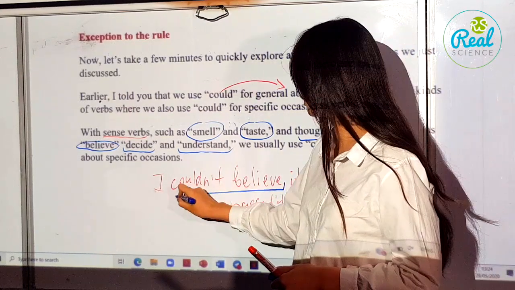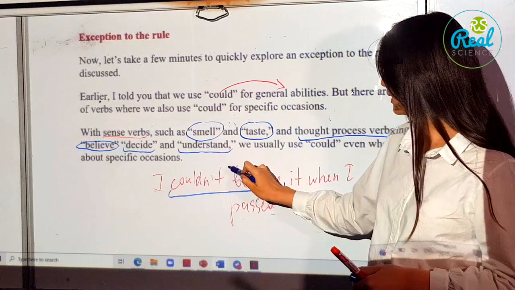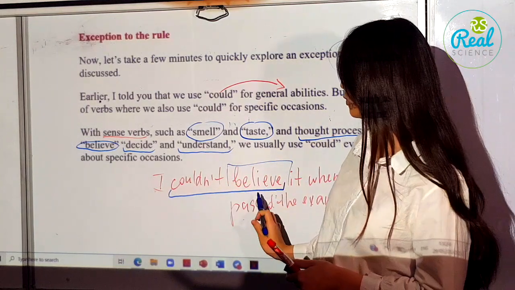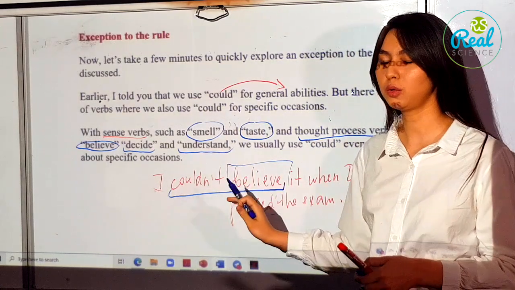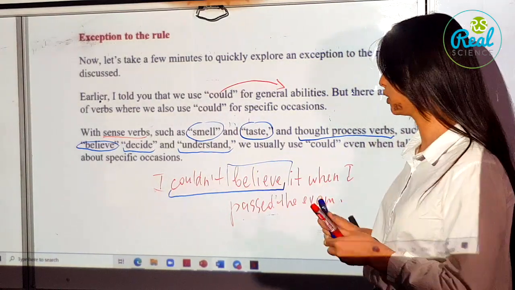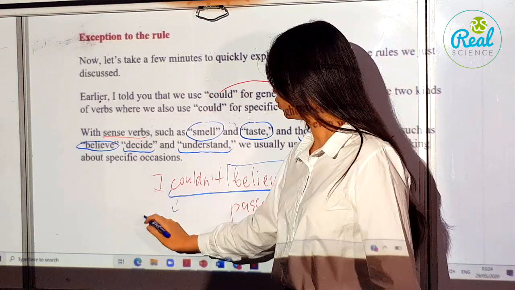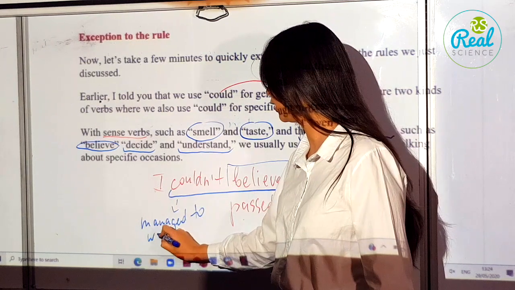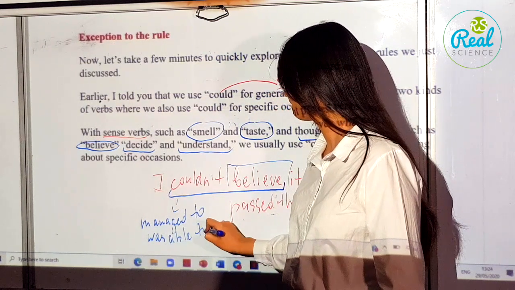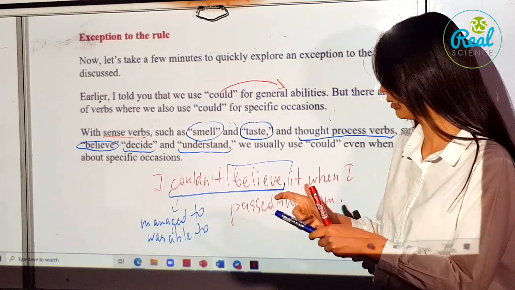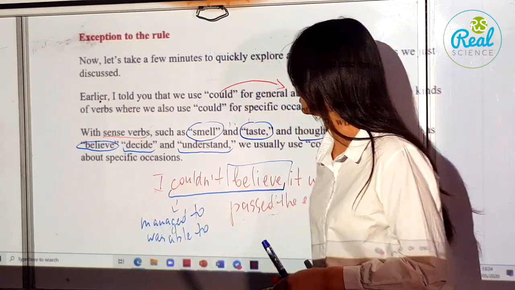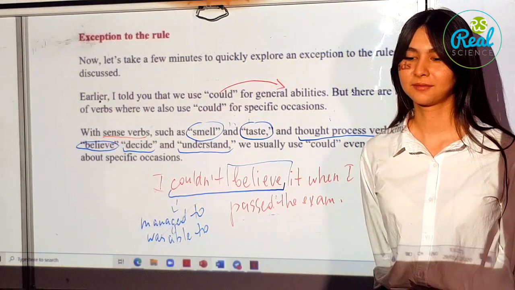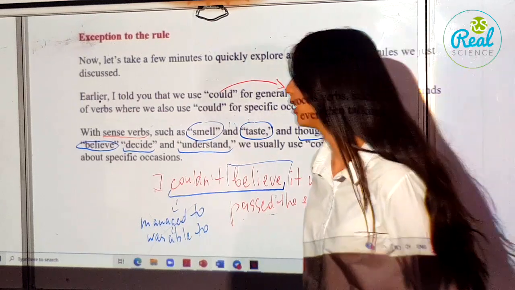Here you use couldn't because this is a thought process, and with thought processes you should use could, couldn't, even in specific situations. You shouldn't use managed to or were able to. Okay. So this is the exception. Do you understand the exception rule? Yes. Nice.